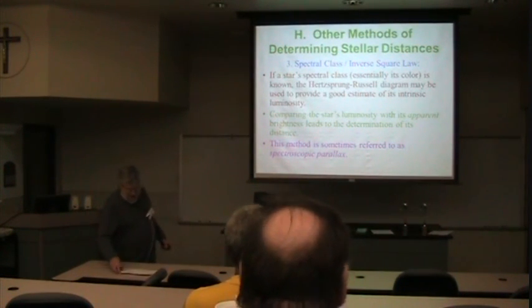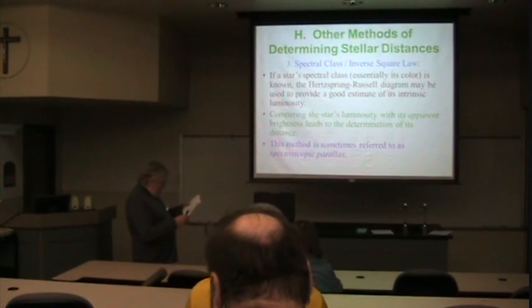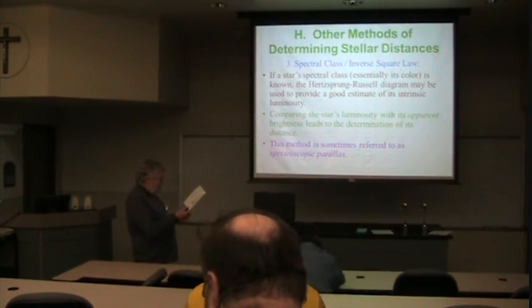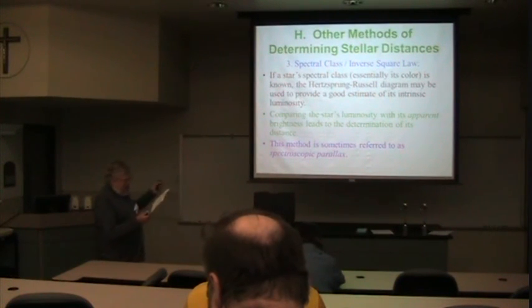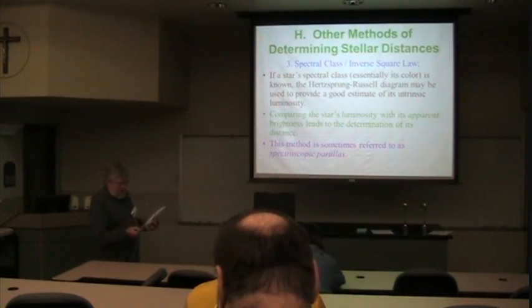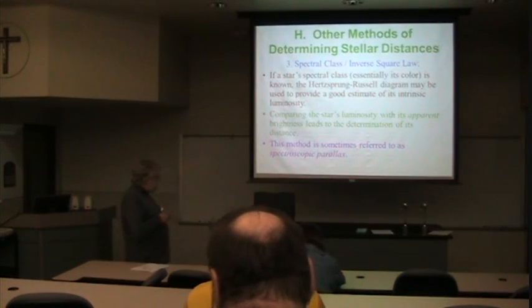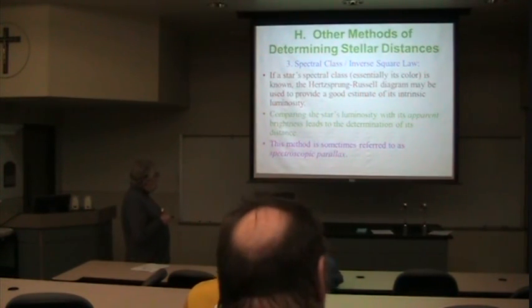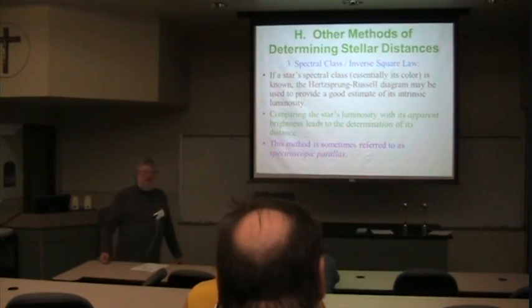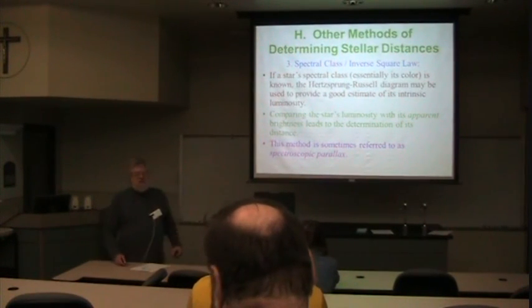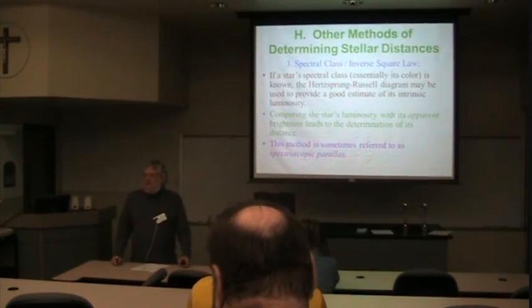On your handout, by the way, if you're keeping up, we just did the bottom two, the radar and the heliocentric parallax. We're now into main sequence fitting, which is sometimes called spectroscopic parallax. This is one of those misnomers that has caught on, so we have to address it. It has nothing to do with parallax, except that you use parallax to measure distances to stars, right?